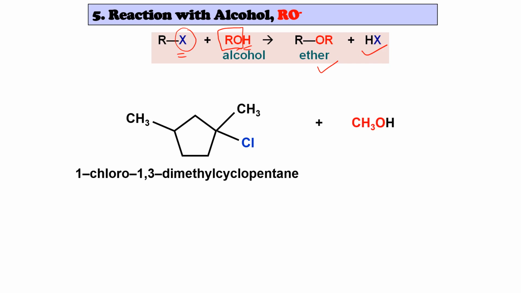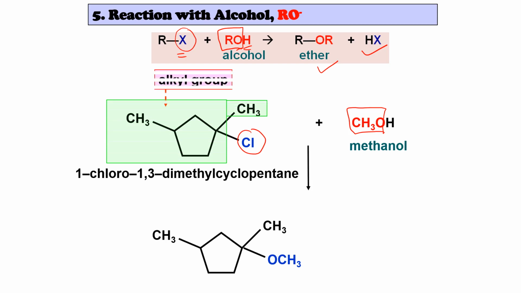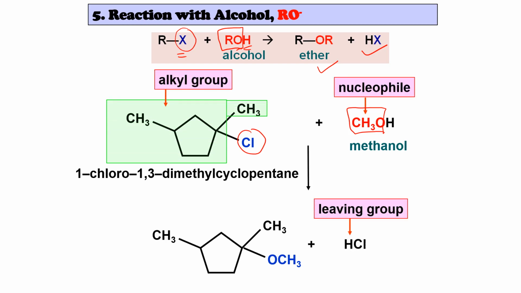For example, 1-chloro-1,3-dimethylcyclopentane reacts with methanol. So the nucleophile is OCH3 minus, which will replace Cl. So the product is ether and HCl as a leaving group.